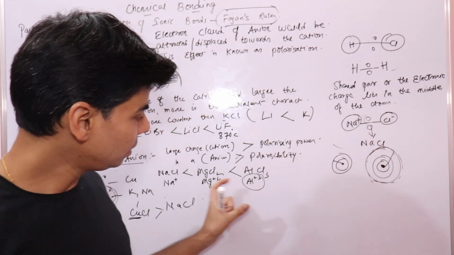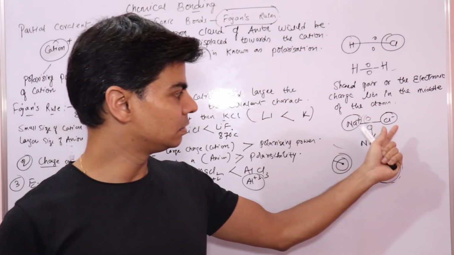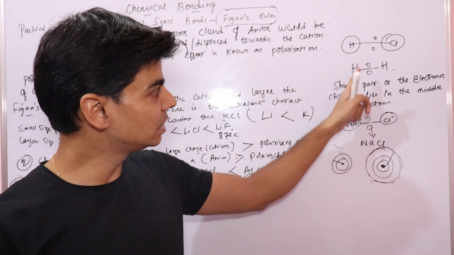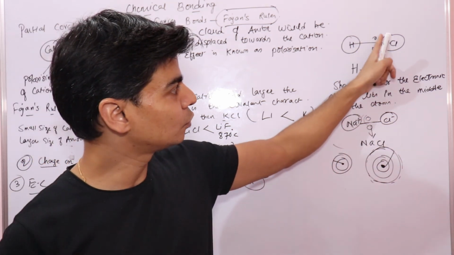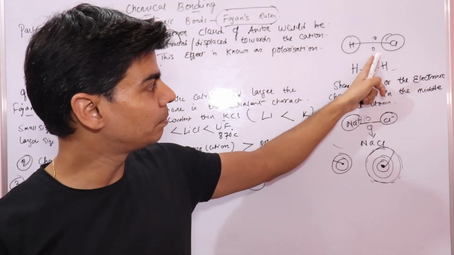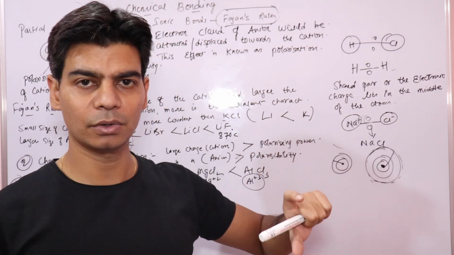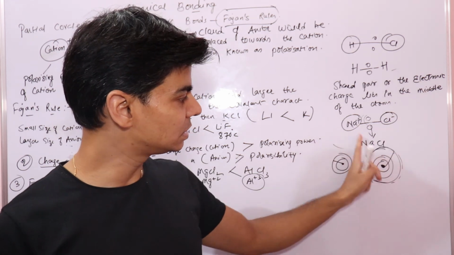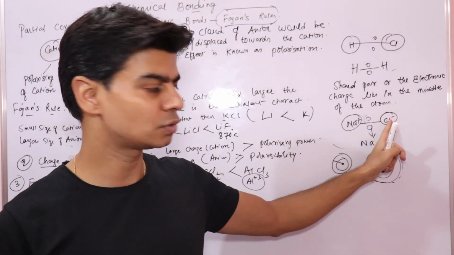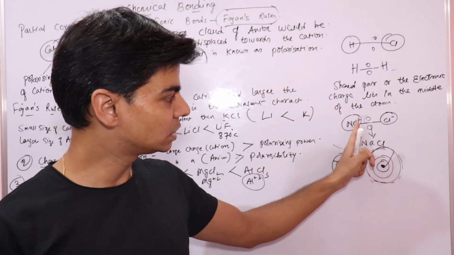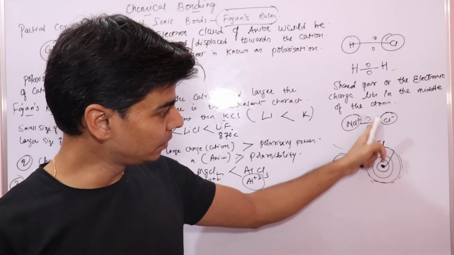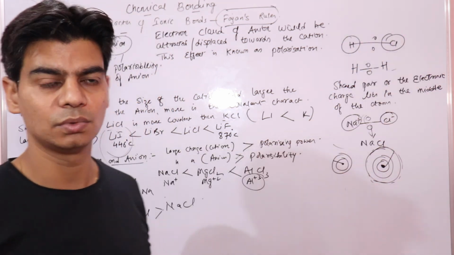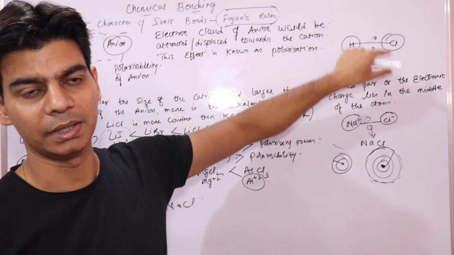Once it distorts or attracts the electron cloud towards itself, it would be a similar situation to that of covalent compounds, because in covalent compounds the shared pair of electrons is between the two combining atoms. Due to this distortion of the electron cloud of the anion towards the cation, the charge has come in between the cation and anion, which is the same as in covalent molecules.